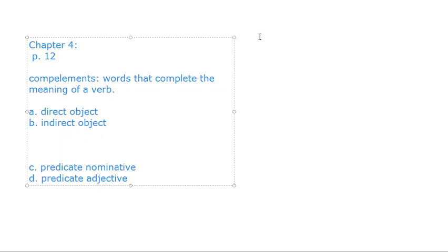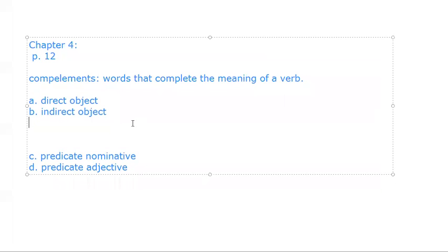So this is what we have to agree on. Again, in order for you to answer correctly on a quiz or on the exam or for your own knowledge, you must first look at the verb. Looking at the verb is going to help you identify what kind of complement you could possibly have in a sentence.